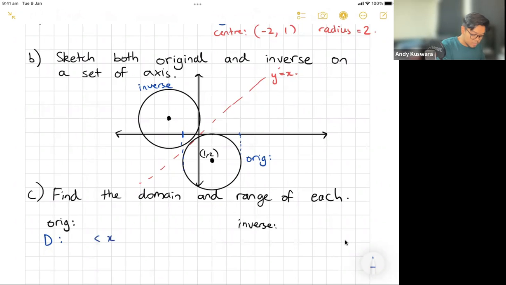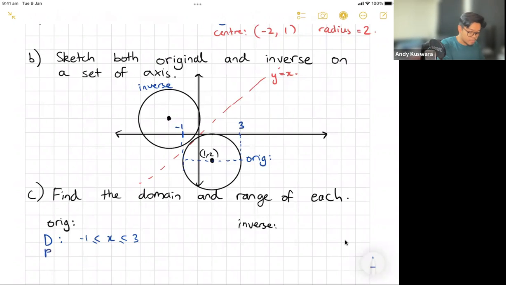So x would be between -1 and 3, because I know it's got a radius of 2, so it's going to go 2 across this way and 2 across that way. From 1, add 2, you get to 3, and then take away 2, you get to -1. So that's why I got those values there.